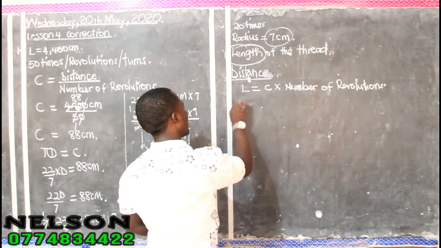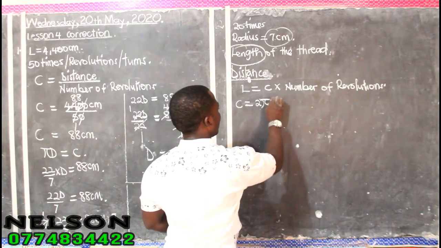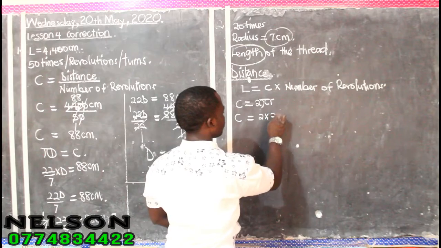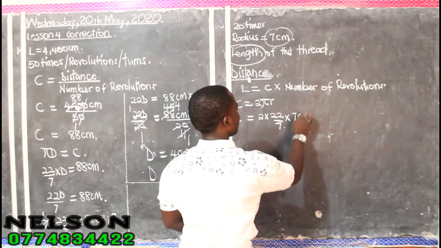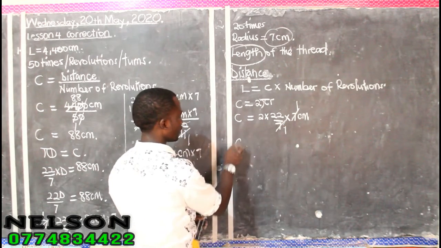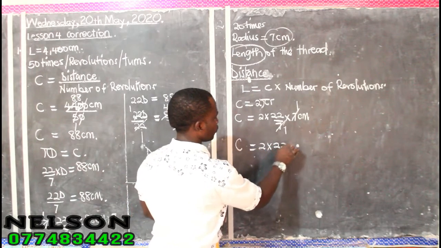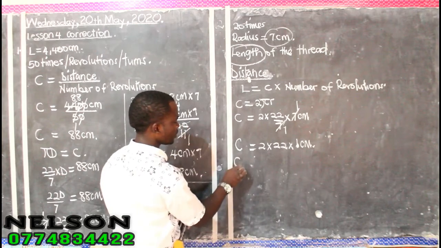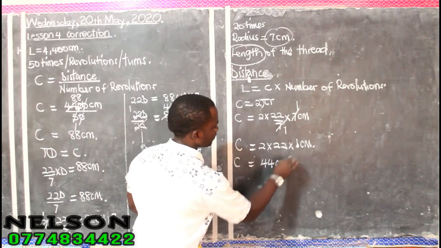So circumference equals 2 pi r, and circumference equals 2 times 22 out of 7 times the radius of 7 centimeters. By 7 once, 7 once. So circumference equals 2 times 22 times 1 centimeter, and our circumference equals 44 centimeters.